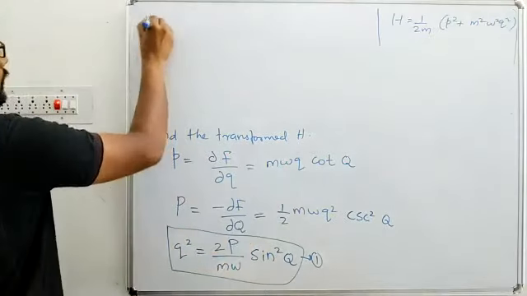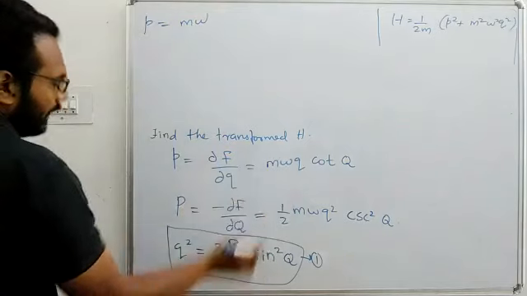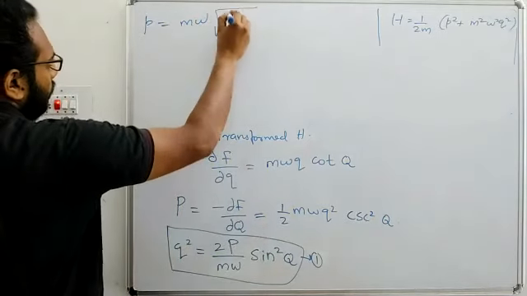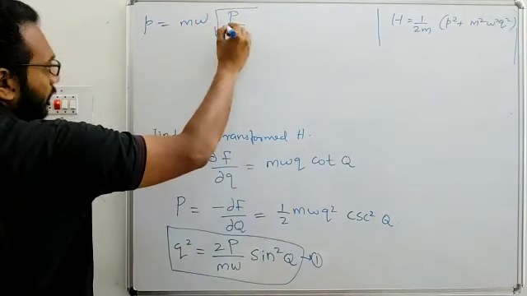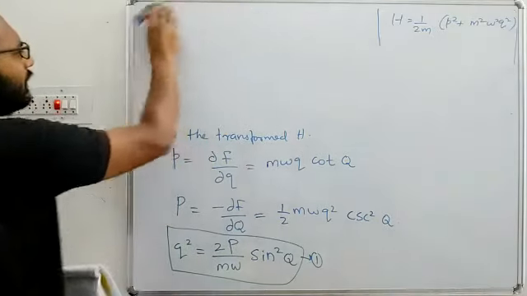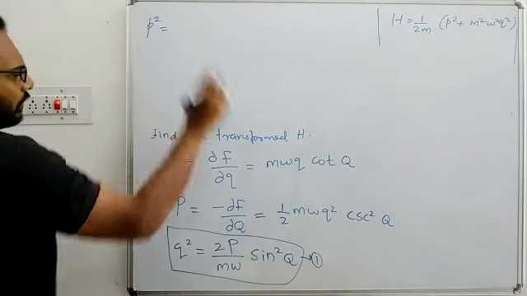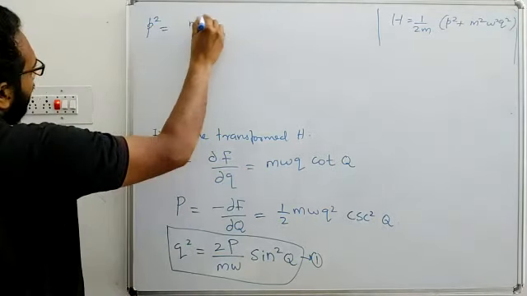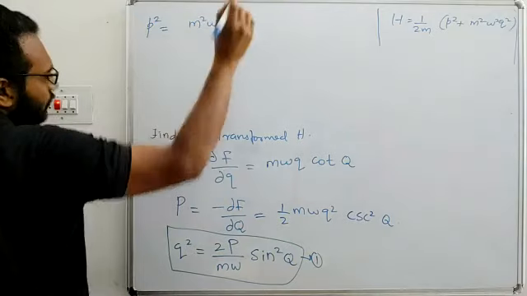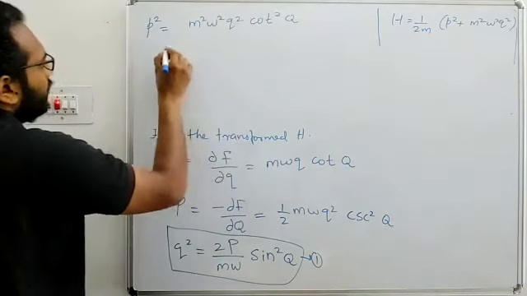So you see that p is equal to mω, instead of q, you will have square root of capital P by mω. Well, let's find p squared there, right? So you don't have to take the square root. So from here you see that p squared is equal to m²ω²q² cot²Q.